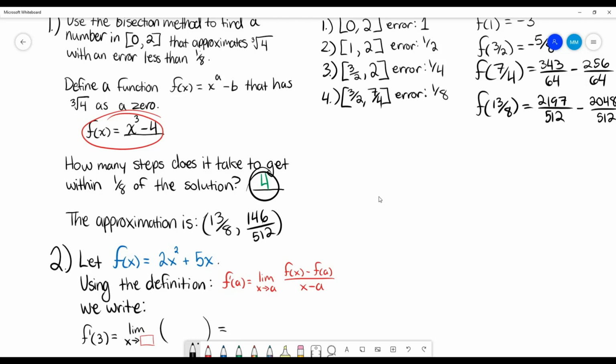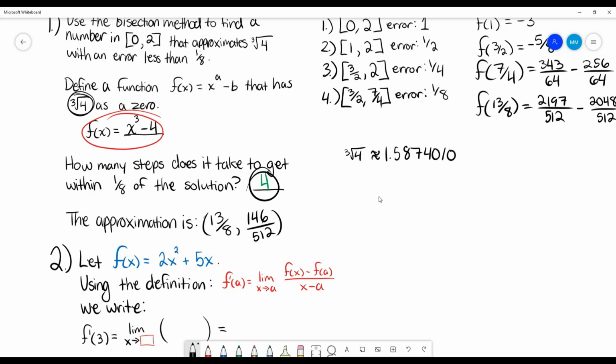And so we can double check that because we know that our 0 is the cube root of 4, because we designed the function to have a 0 at x equals the cube root of 4. So we know our 0 should be the cube root of 4, which I just said a bunch, which is, as a decimal, a big long decimal.